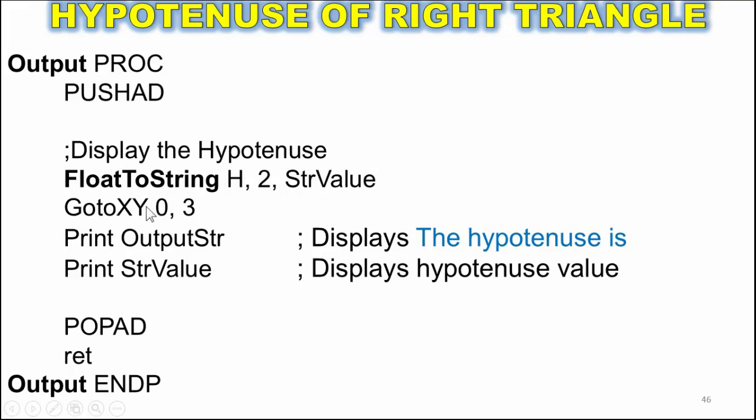First, we need to call the float to string to convert the float value of the variable h into a string value, having a 2 decimal places format, and then the result will be stored to the variable str value. The print output str will display the message the hypotenuse is, and then the print str value will display the value of the variable str value containing the hypotenuse value.